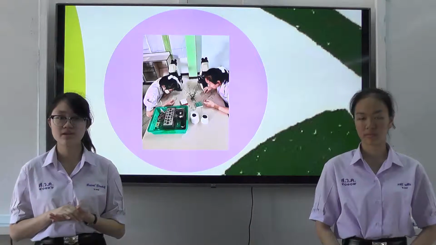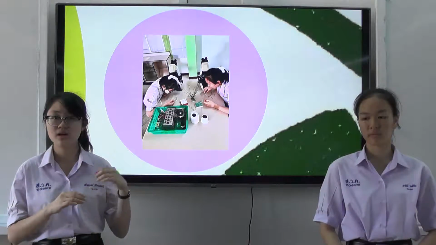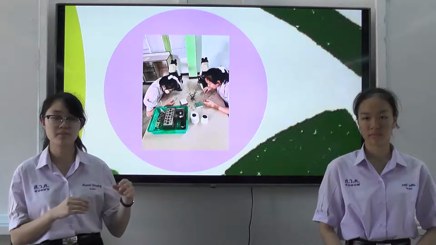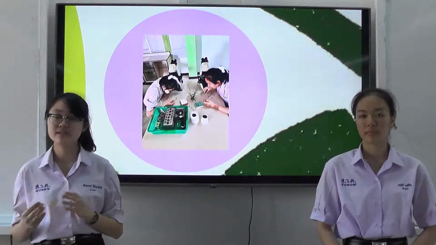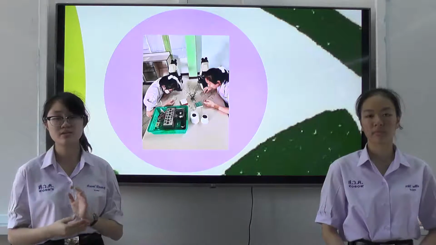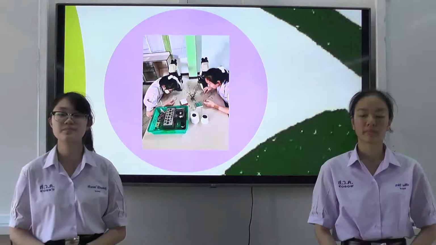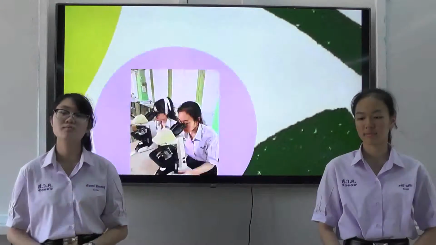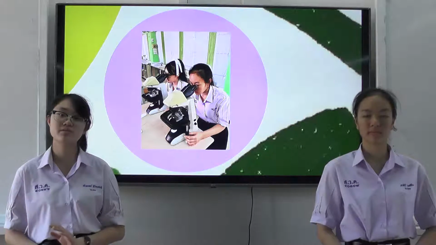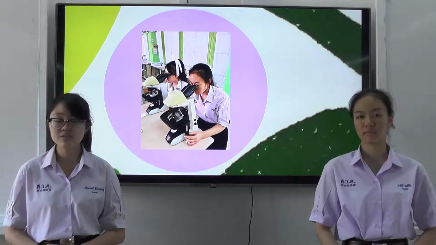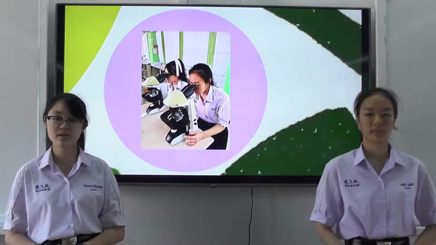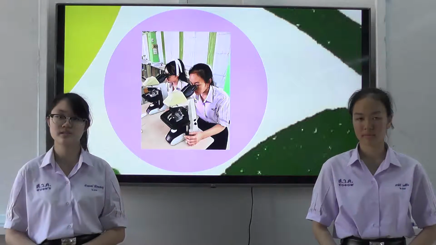Add extracted color, which is the best stained color from experiment 1, and add citric acid with a concentration of 50% by volume. And 3, observe under the light microscope and record the results. Repeat the experiment using ascorbic acid instead of citric acid.